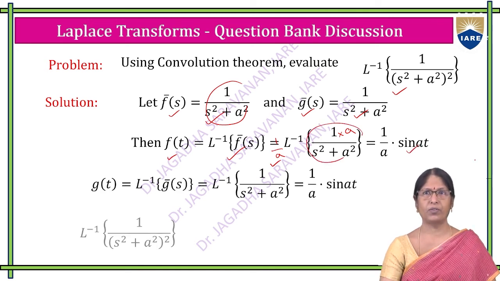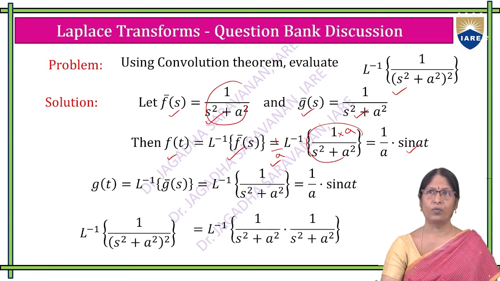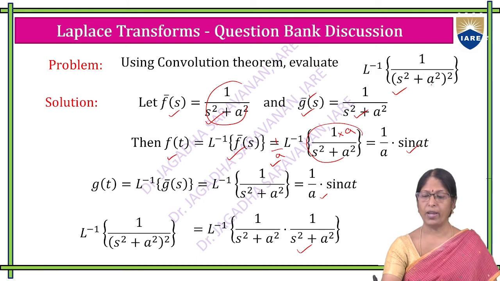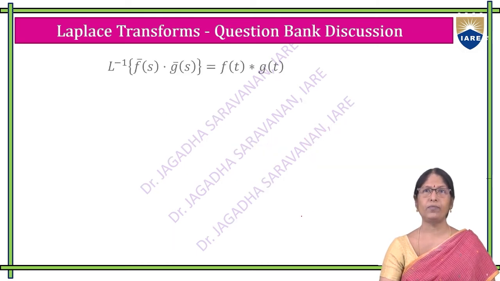The same similar treatment we are giving for the second term also, and we obtained the same result. So this is our equation, that is L inverse of 1 by (s square plus a square) the whole square. So 1, 2, the product multiplication is there.